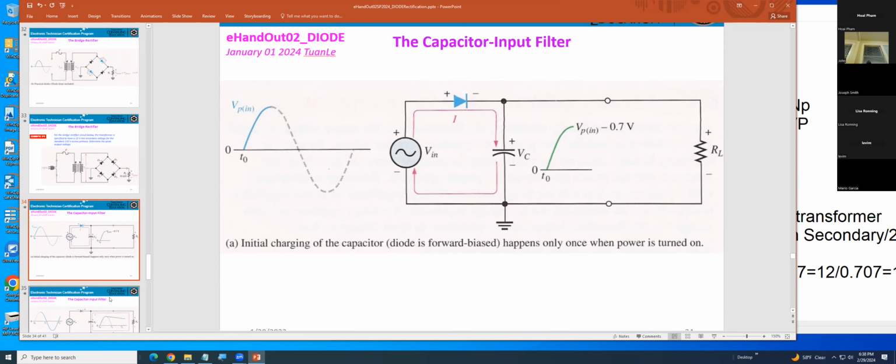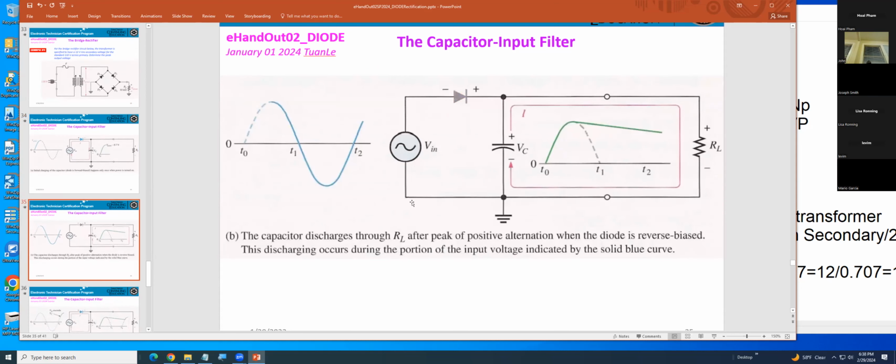Okay? You see that? When it charges up to that point, then comes the negative part, and the diode turns off. So that's why the capacitor will be discharged. You see that? Going down.